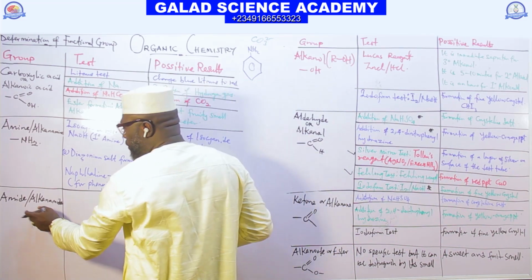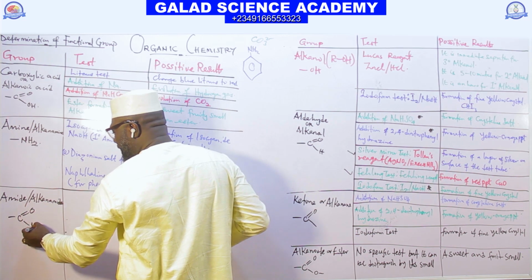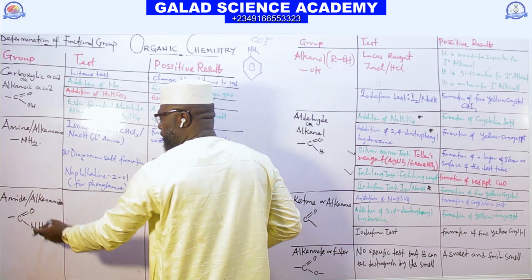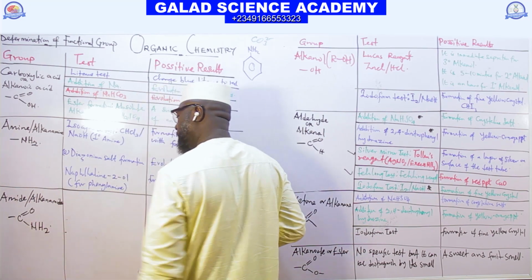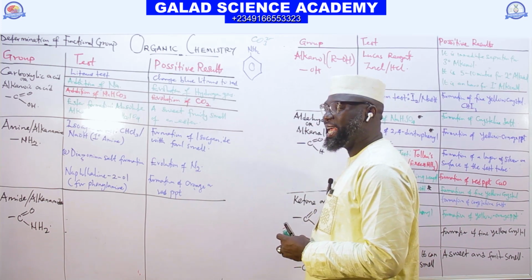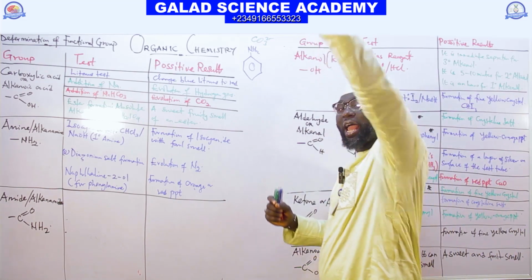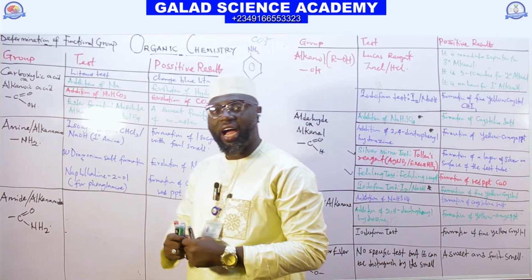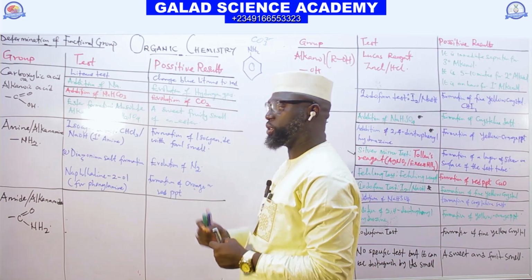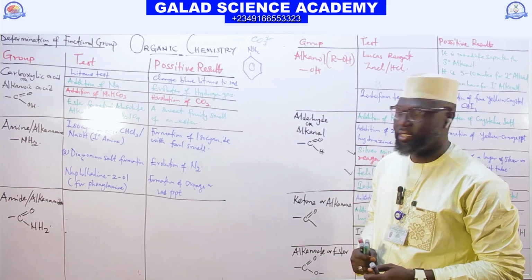The functional group for this amide is a carboxylic acid derivative, carbonyl NH2. For the amide, it's hydrolysis with sodium hydroxide under reflux, and there will be the formation of ammonia gas.